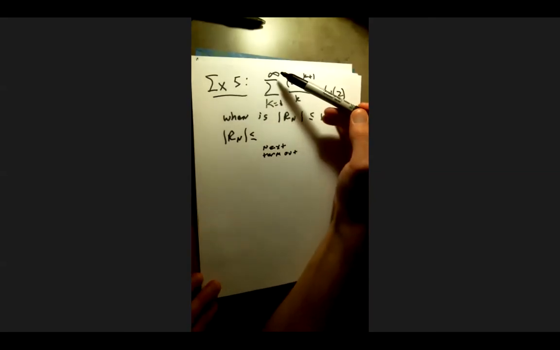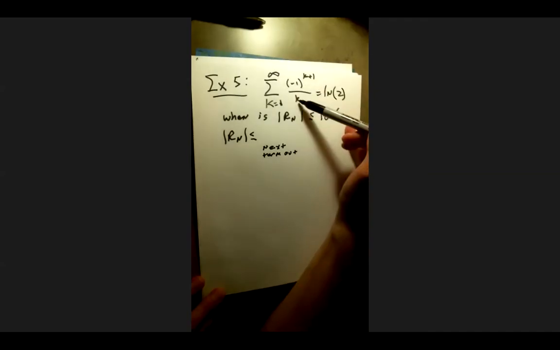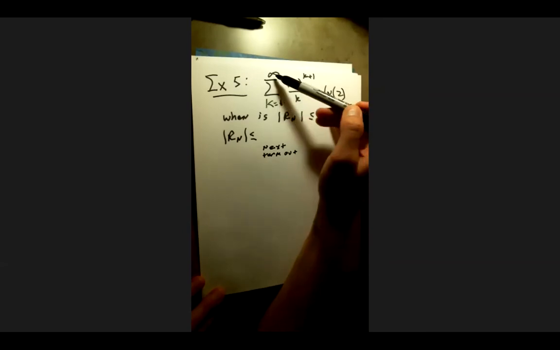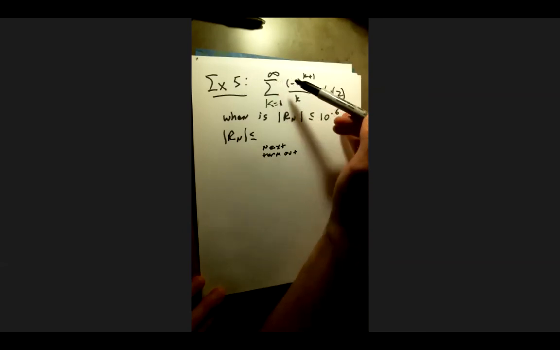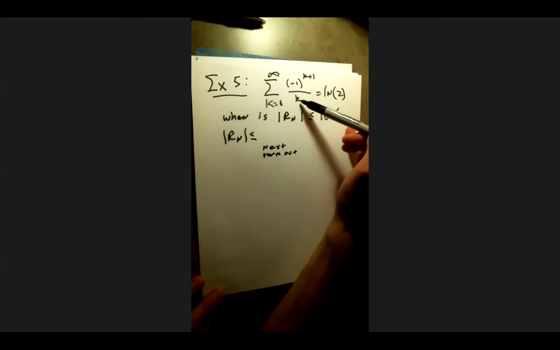So if this upper limit was for example 10, then the next term out would have an 11 in the denominator. If this upper limit was 50, then the next term out would have a 51 in the denominator.